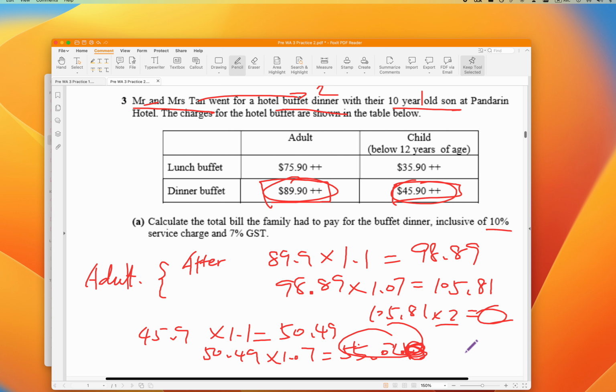So I get one adult 89.9 times the 1.1, then still need to times 1.07. So this is one adult total. Then I times the 2. Then for the child, same thing. I times the 1.1, then I times the 1.07. This is the total.